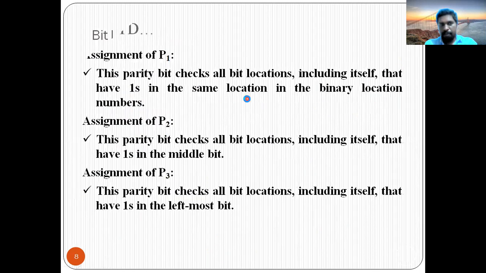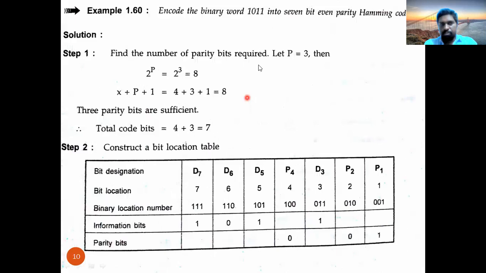So see the question clearly. Now we will come to an example, to come to a conclusion on how to find it. The question: encode the binary word 1011 into a 7-bit even parity Hamming code. What are the important points?